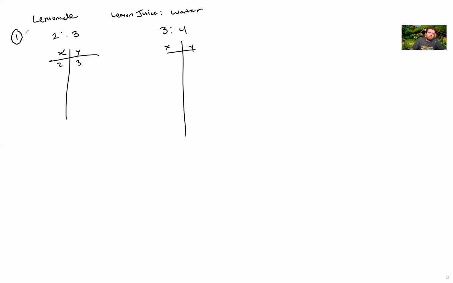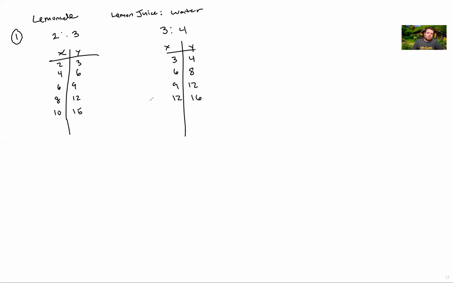And so I'm going to go up and compare it until I get to a common term with 3 to 4. So my multiples of 2 and 3, I have 4, 6, 6, 9, 8, 12, 10, 15, etc. For 3 to 4, I have 3, 4, 6, 8, 9, 12, 12, 16, etc.